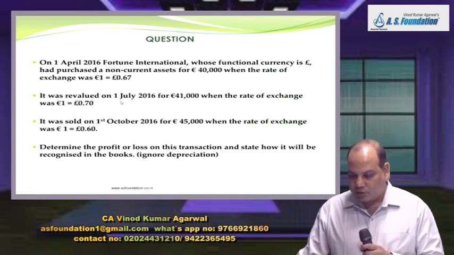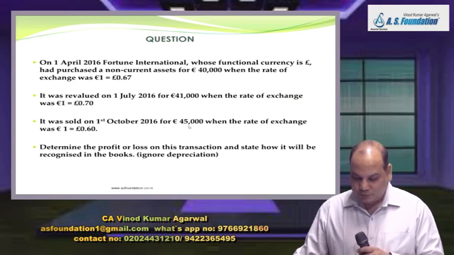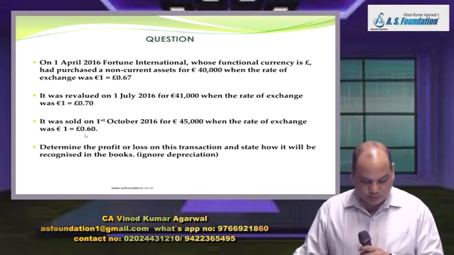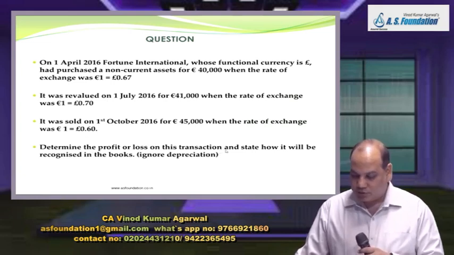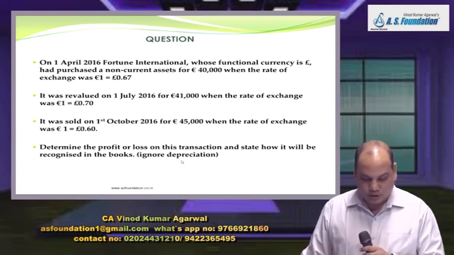It was revalued on 1st July 16 for euro 41,000 when the rate was 0.70. It was sold on 1st October 16 for euro 45,000 when the rate was 0.60. Determine the profit or loss on the transaction and state how it will be recognized in the books. Ignore the depreciation. First table you will complete.